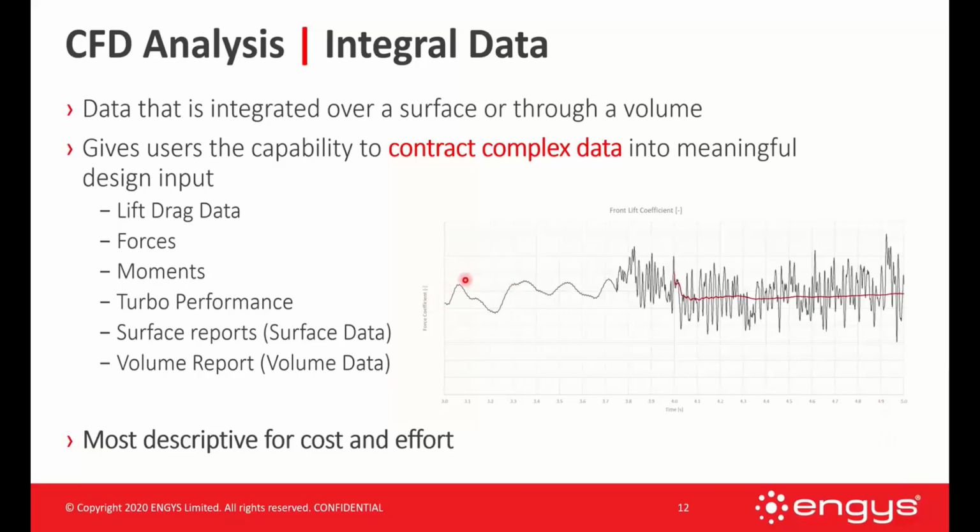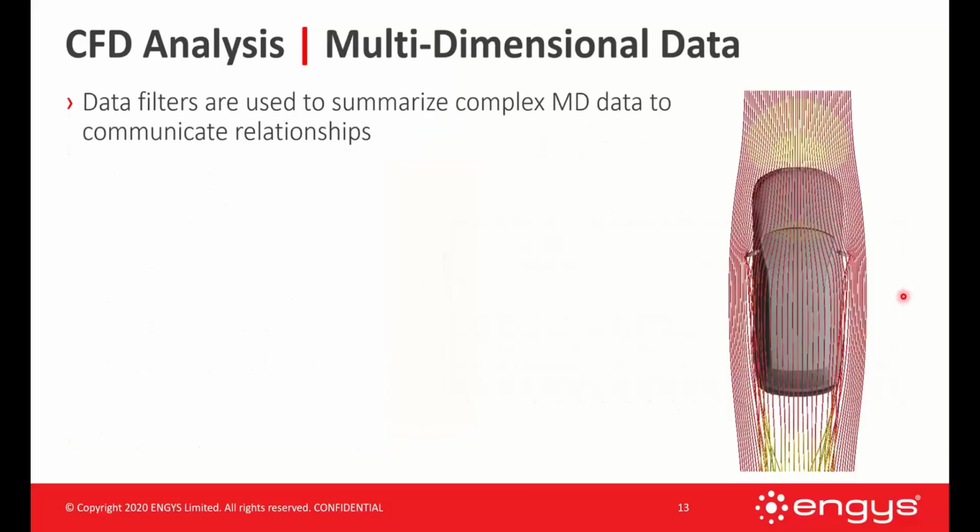For example, here we have a front lift coefficient. This is a transient simulation, and we're able to actually capture this over time and then further condense that data, contract it down to an average value over time, and really give us a great perspective of performance of that particular vehicle design.